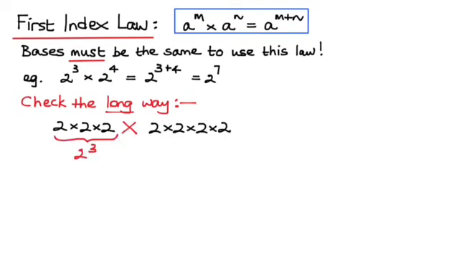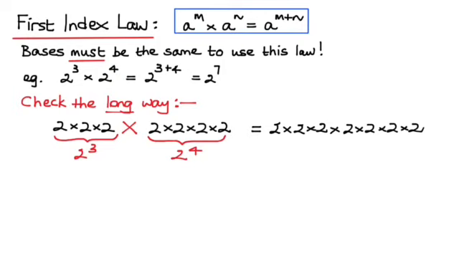And if we multiply that by 2 to the 4, which is 2 times 2 times 2 times 2, you tell me how many 2's are there in there. There's exactly 7 of them, so the answer has to be 2 to the 7. That's why this law makes so much sense if you think about it and you check it the long way.